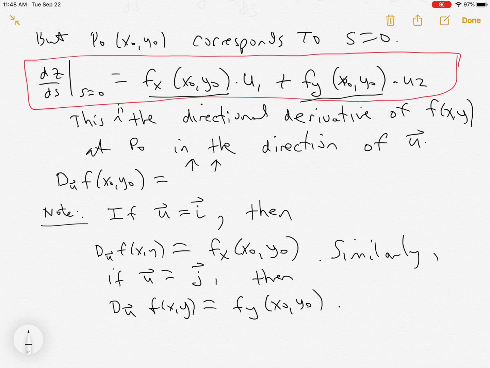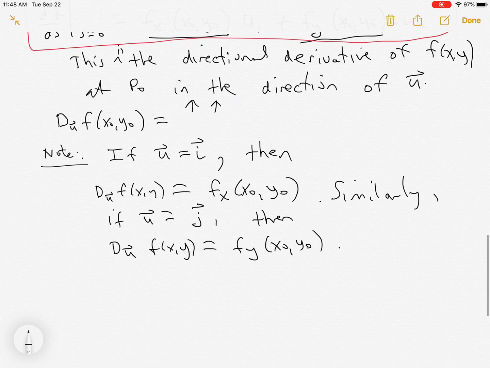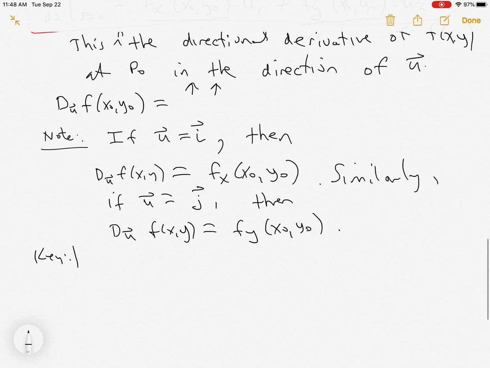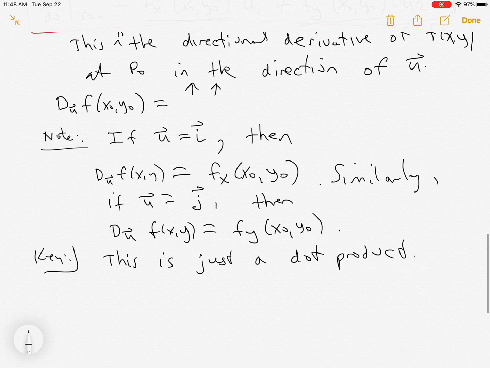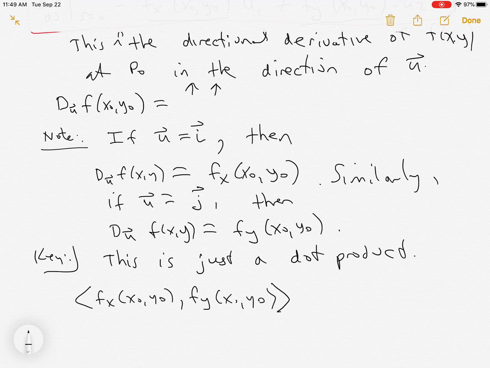Okay, so what we want to also point out here, and this is key, is that this directional derivative is just a dot product of two vectors. If you look at this thing I have in red up here, and you go backwards, what you have is the vector f sub x at x naught, y naught, comma f sub y at x naught, y naught, dotted with u1, u2.